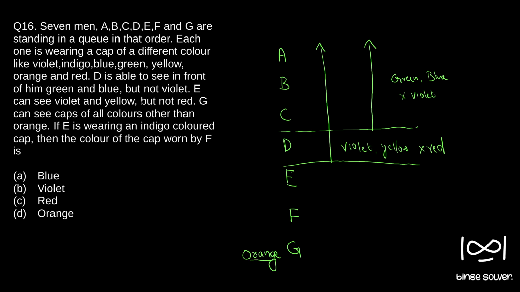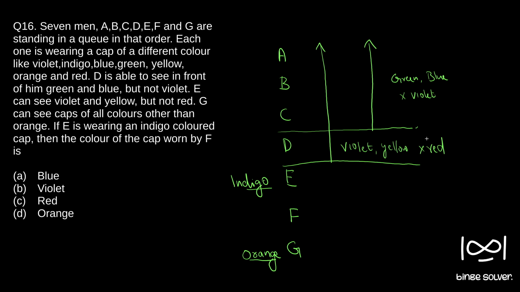Now it is given that E is wearing an indigo colored cap. Then what is the color of the cap worn by F? Now we need to find F. From this information, we know that E cannot see red.